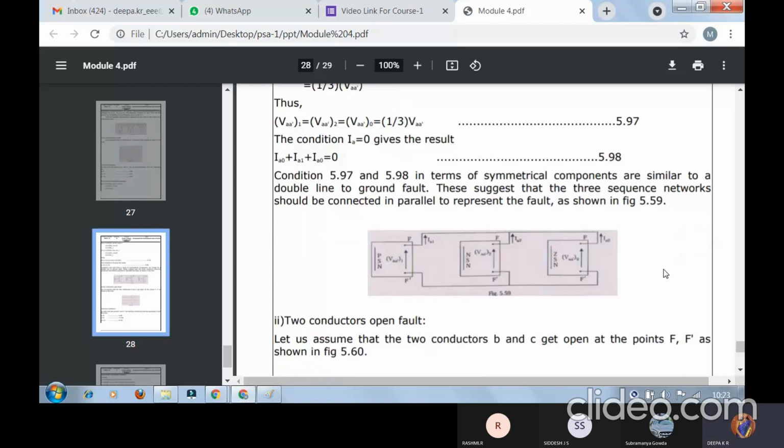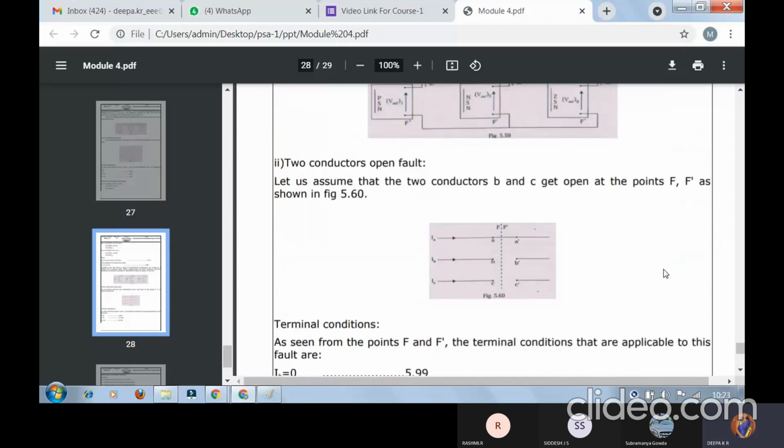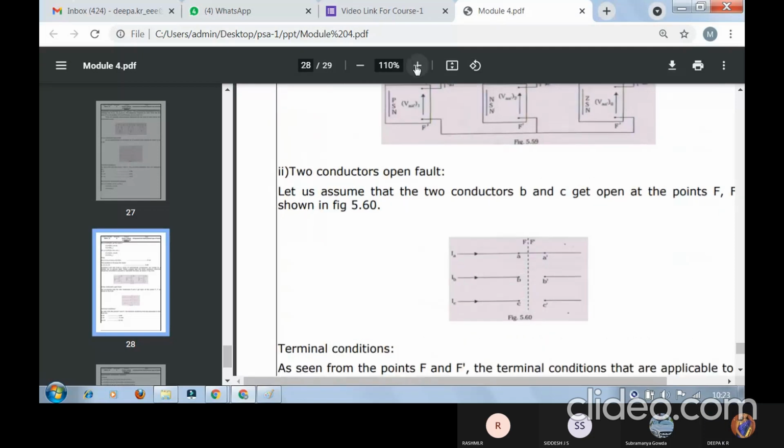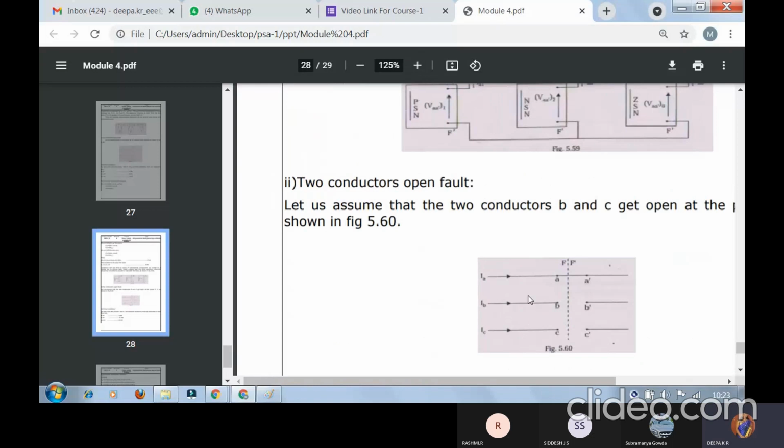Okay, take the next heading: two conductor open fault. First you copy down this diagram. For the two conductors, they are chosen as B and C. You can take A and B also, no problem.